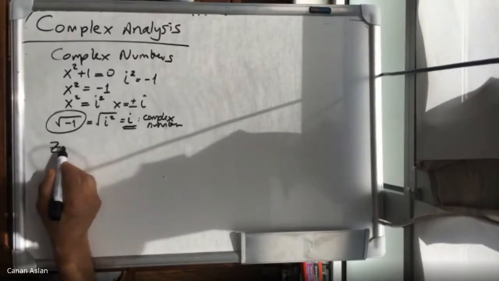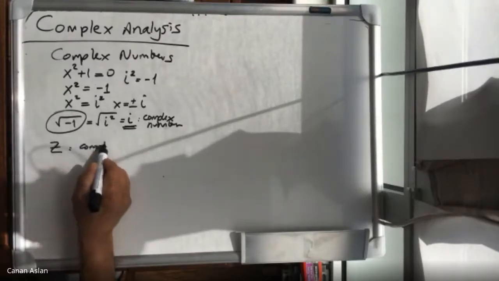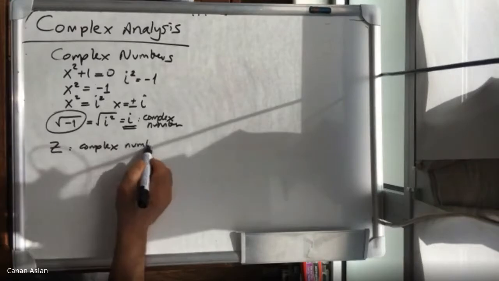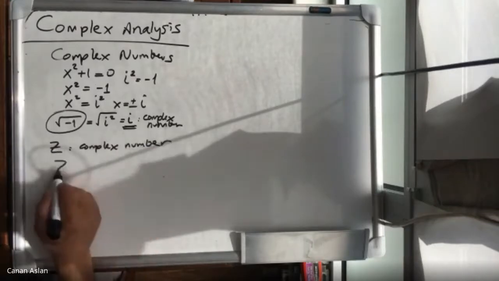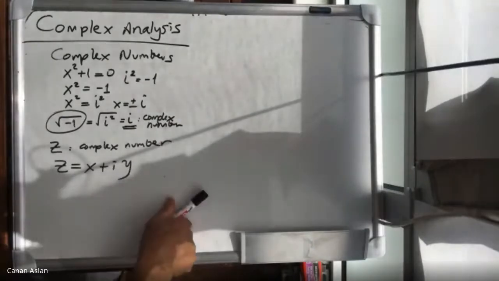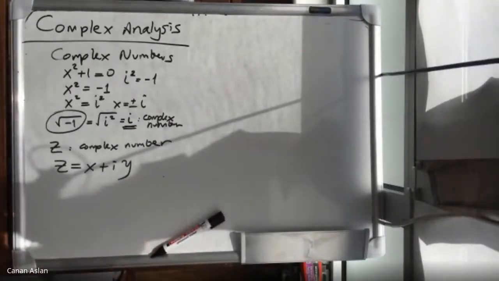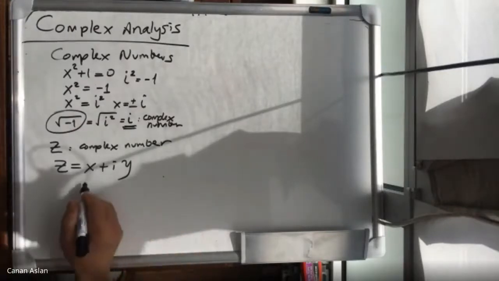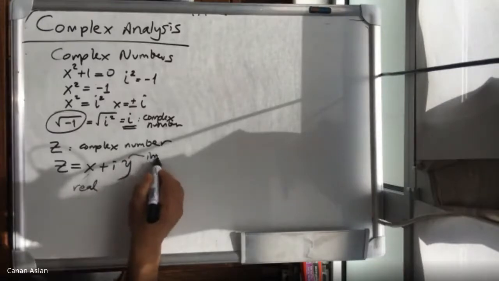So z is the complex number, which has real and complex part. Okay, z is given as x plus iy. x is the real part and y is the imaginary part.